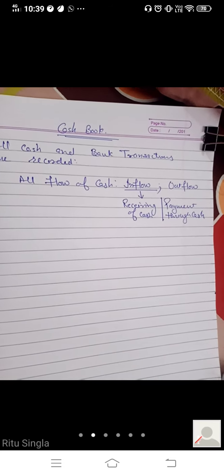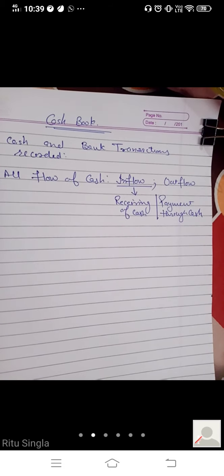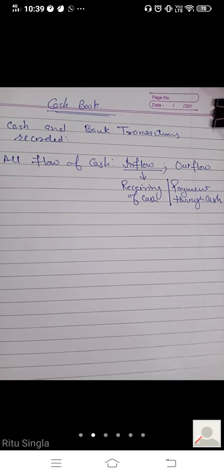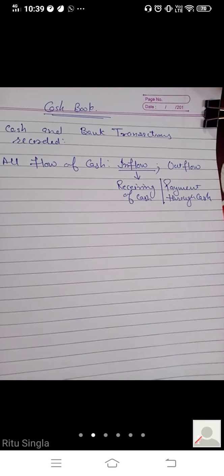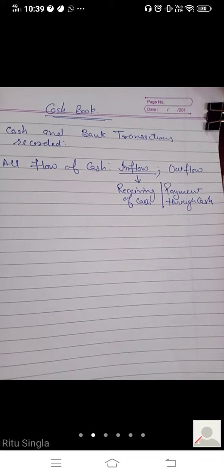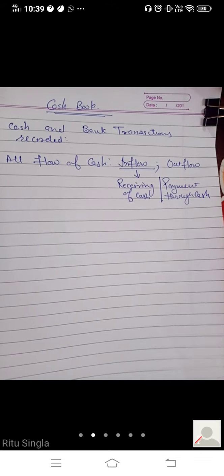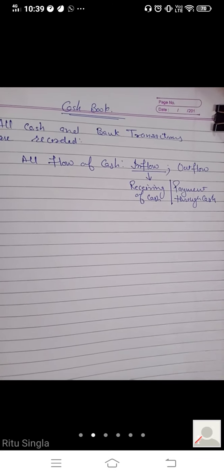Right? Inflow means incoming of cash. We receive cash or check against any transaction. Outflow means outgoing of cash. Means payment against any transaction in cash or by check.